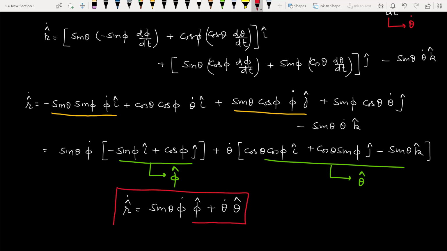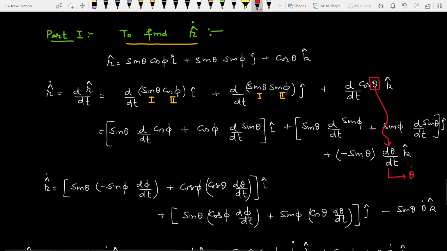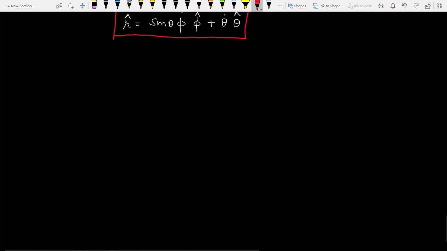So this is the derivative of the first spherical polar unit vector. So now we will switch to part 2.